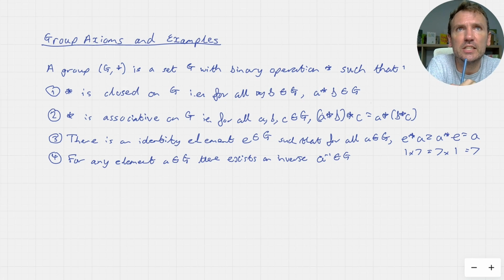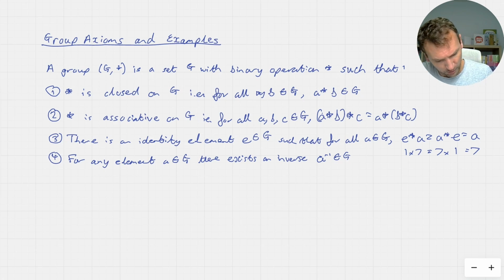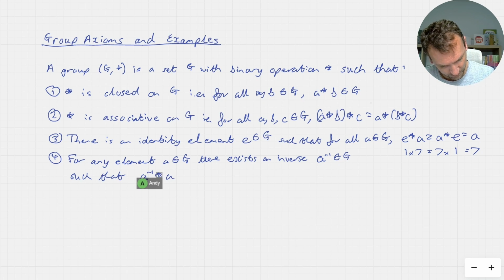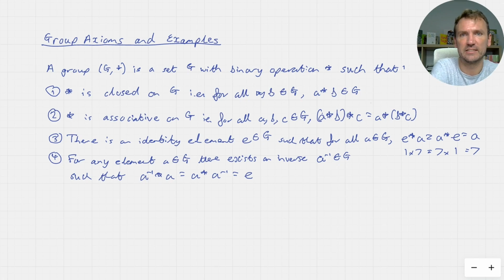In the case of addition, the inverse of 7 would be -7, because 7 plus -7 gives you 0, which was our identity element. So what we're saying is that A inverse exists such that A inverse star A, or A star A inverse, gives us our identity element.